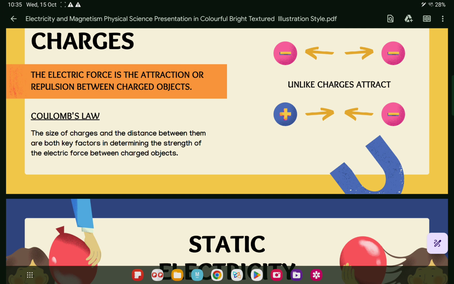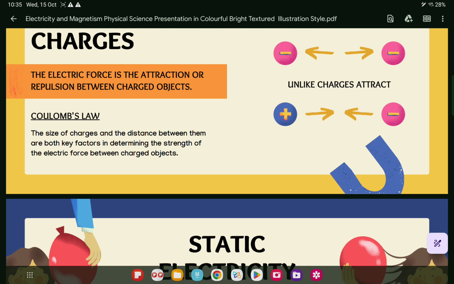Around half an hour ago, before starting this video, I said to my family that the electricity is weak today. Why did I say so? Because the bulb or the light in my room was very dim. So why is it dim? Only because of two factors. What two factors?